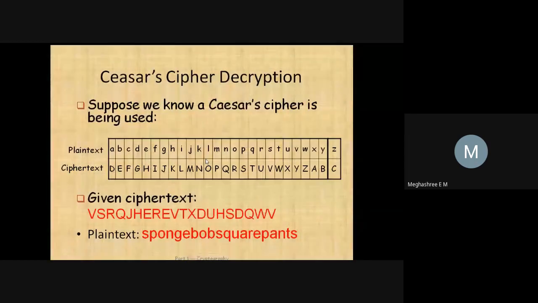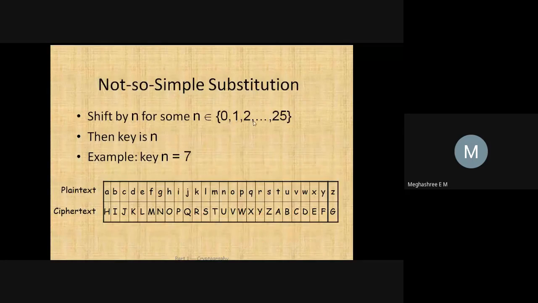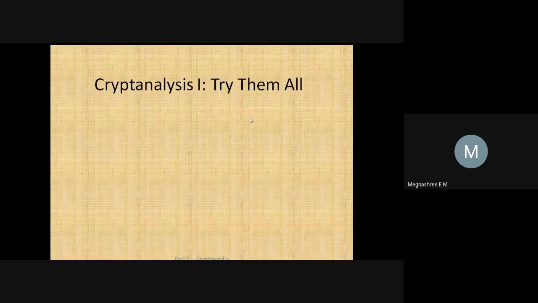Why 0 to 25? As you know, the count of English alphabets is 26. So you will apply n value as 0, and you may try out by substituting n values from 0 to 25.